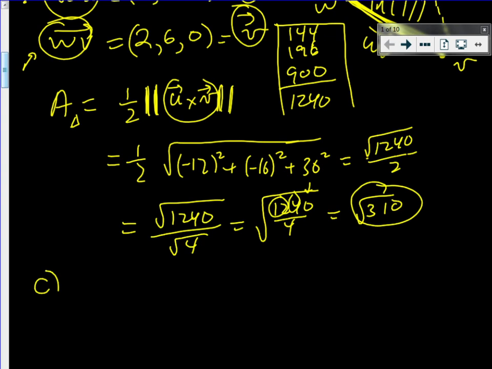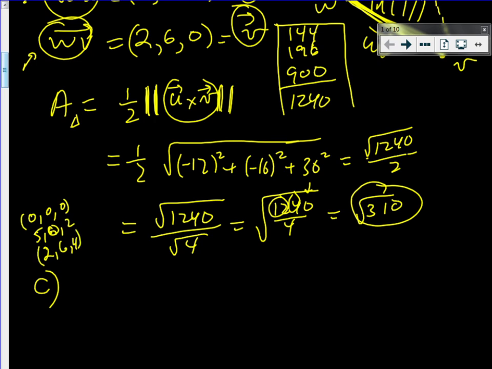Now, for part C, they want to know the equation of the plane that contains those 3 points. That contains 0, 0, 0. It contains 5, 0, 2, and it contains the point 2, 6, 4.